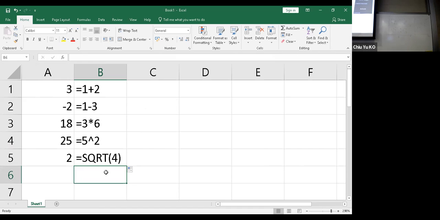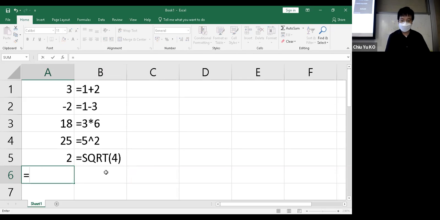One thing I want to remind you: if you happen to know VBA, I usually teach VBA, then you'll notice that SQRT is used in Excel, but in VBA you use SQR, without the T, so very confusing.